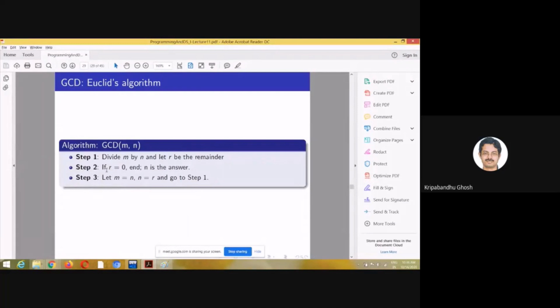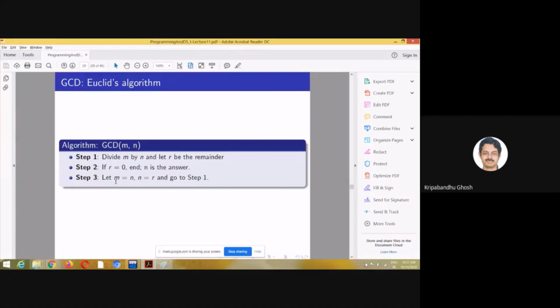Step 2 is you check if this r is 0. If r is 0, then you end, and the answer is n. If this condition is not true, then you come to step 3.